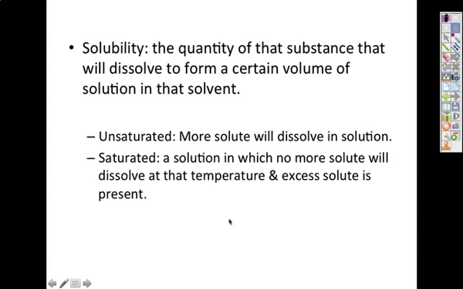We could have a saturated solution in which no more solute will dissolve at that temperature, and we'll actually have probably some excess solute present.